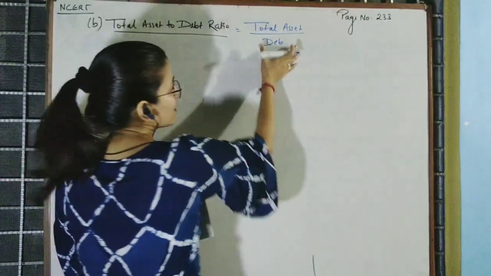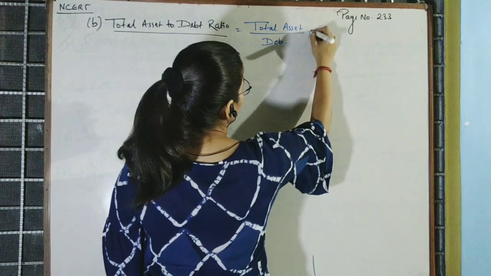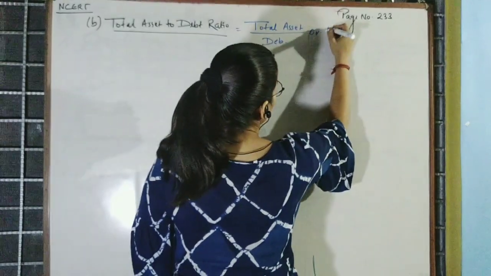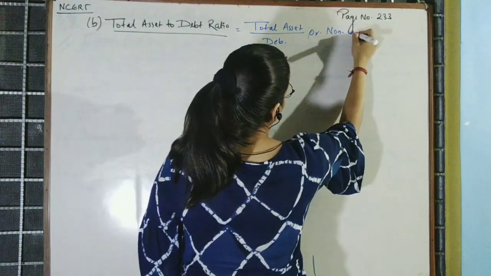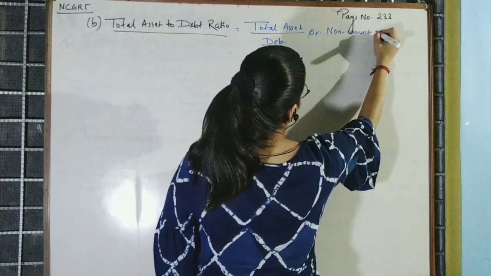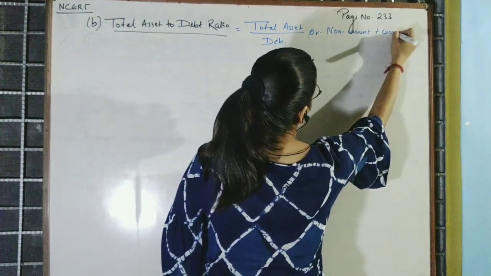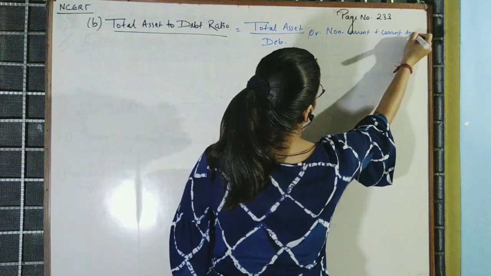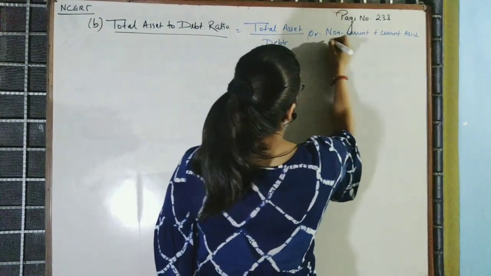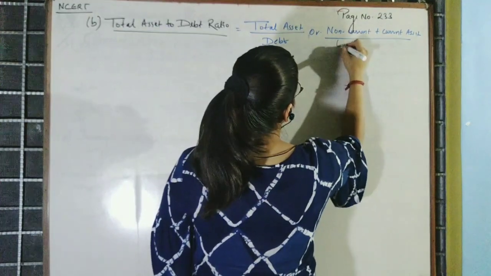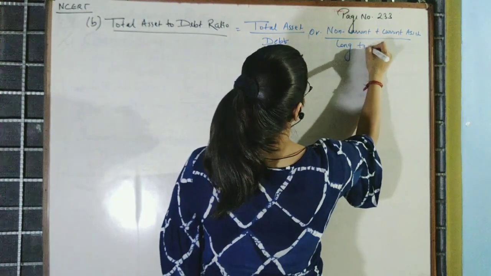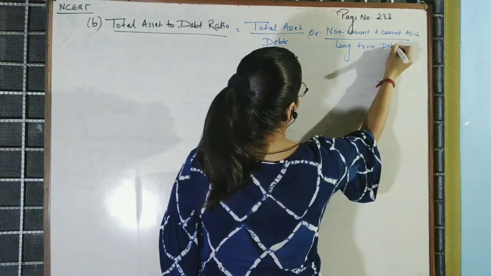So total asset includes non-current asset plus current asset and debt includes long term debt.